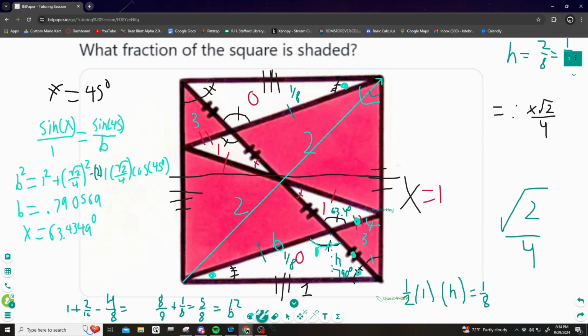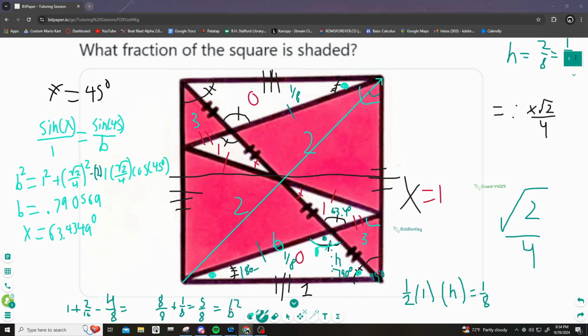You can just do math then. I mean, we know this one's 45. We know this one is 63, and so 180 minus those two would be this angle, and then 90 minus that would be this angle. Okay, hold on.